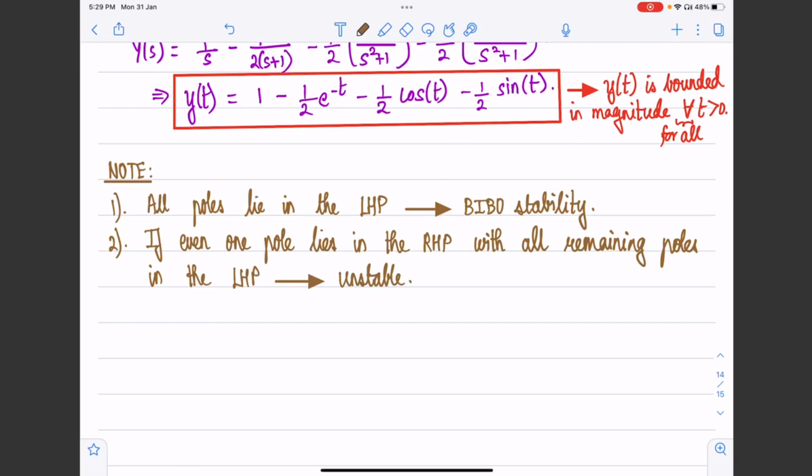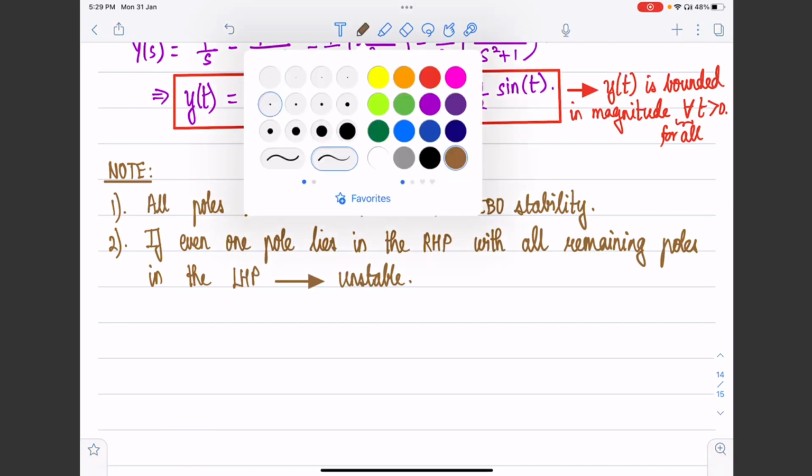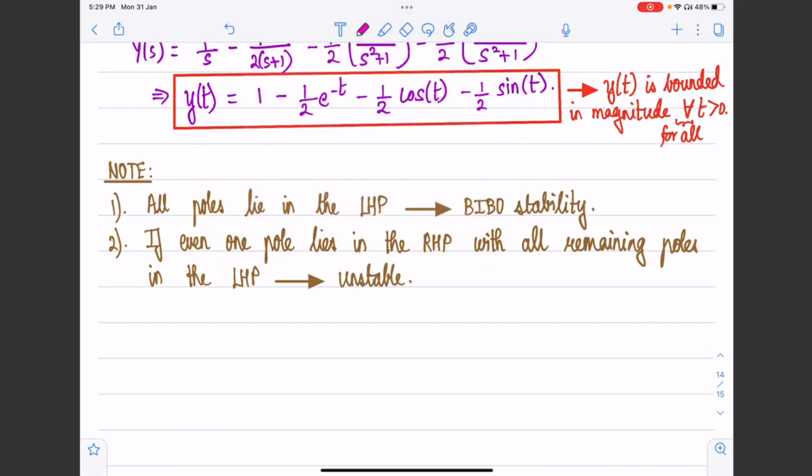It doesn't matter. Even if there's only one pole in the right of the complex plane, one may say, hey, all the other poles are in the left, but still the system is unstable.